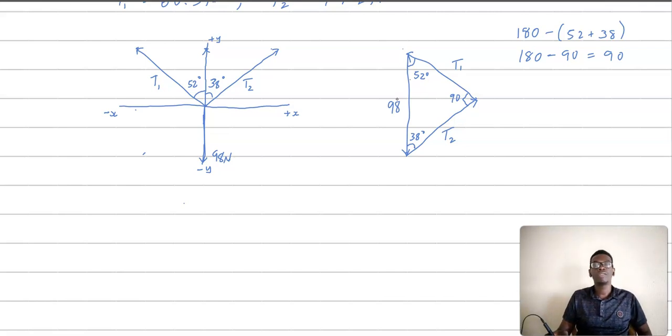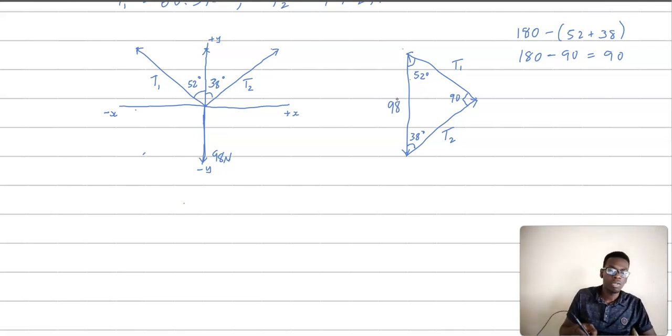So you see that we have reduced the problem of finding the forces T1 and T2 to the problem of finding the unknown sides in a triangle, a problem of geometry. We have many formulas in geometry, and what we need here is to find two unknown sides in a triangle where we know all the angles.